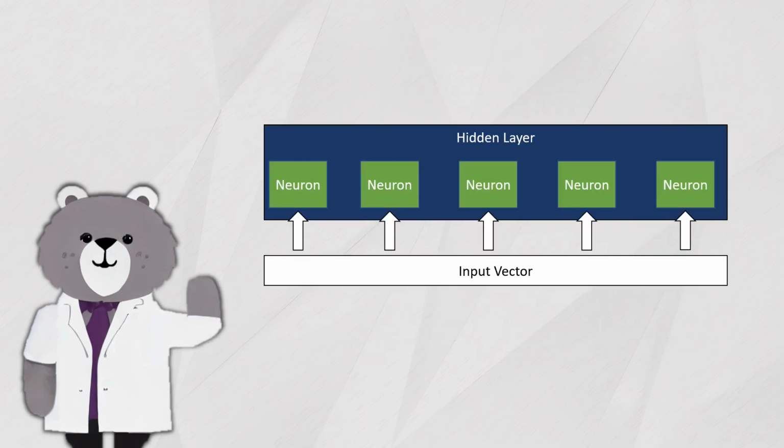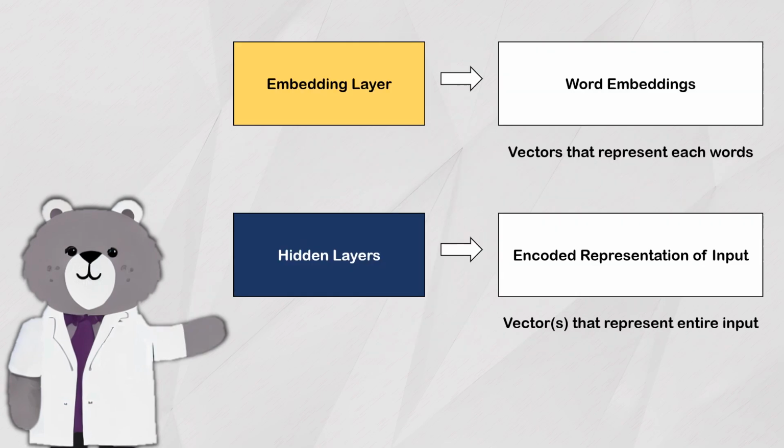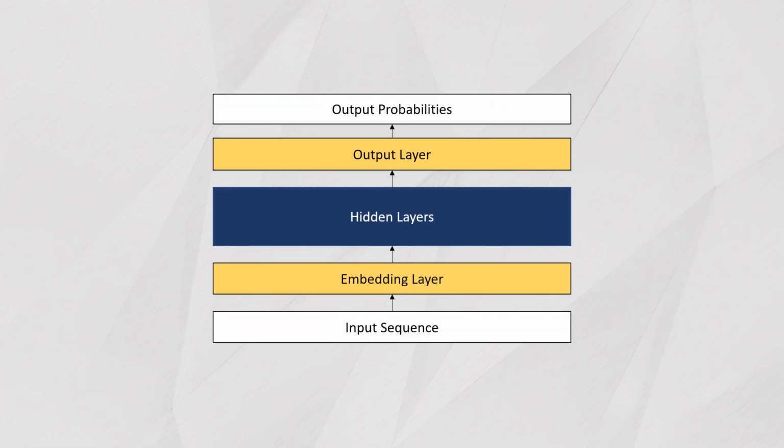These hidden layers are composed of neural units and are used to further encode the meaning of the input sequence. The final component of a language model that I want to talk about is the output layer. The output layer serves the purpose of telling us which word is likely to occur next, given all information from the previous layers.